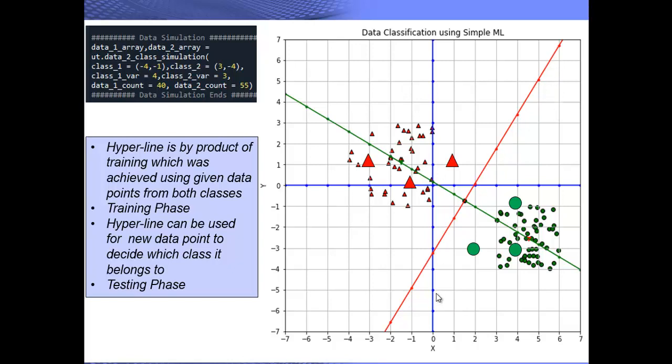Once we have the hyperline, discard all the training data and keep only the hyperline, and now apply unknown points to this line equation, and the solution will tell you which side of the line those points are on, or which class the point belongs to. And that's machine learning with training and testing. So it is a kind of supervised training.